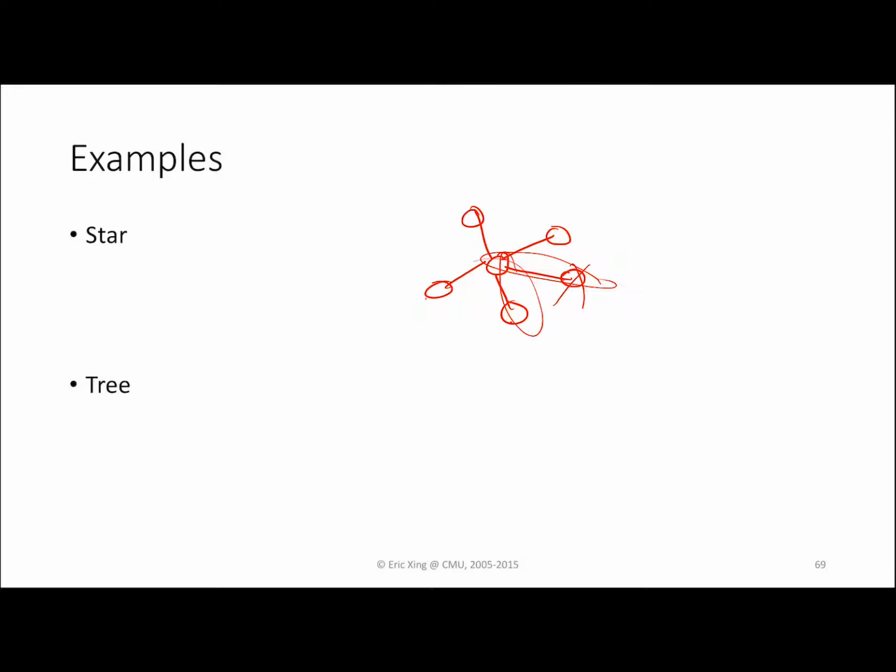But if I do some silly way of eliminating, and the star says, I feel brave, I want to remove the one in the middle, what would happen? You create a complete graph, which means that everybody is connected to everybody after I remove this guy. And the cost of that is, in this case, going to be k^4. So the ordering of elimination is important, and we're going to talk about that later.